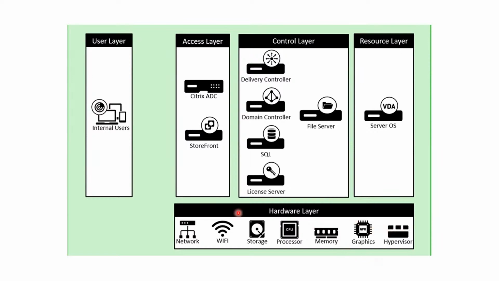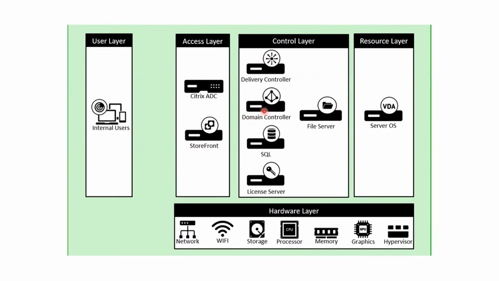Now, this is the hardware layer on which we configure the hypervisor, and the rest of the resources we configure in our hypervisor only. Into the access layer, we will configure one StoreFront server and one Citrix ADC. ADC is nothing but NetScaler, for load balancing, right? Now in the middle, you will find the core servers like the delivery controller, which controls the entire operations.